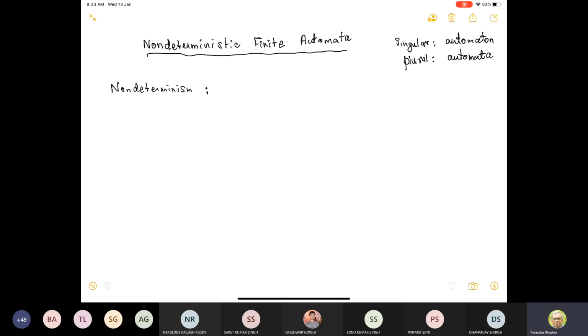So what is the difference between a deterministic automaton and a non-deterministic automaton?